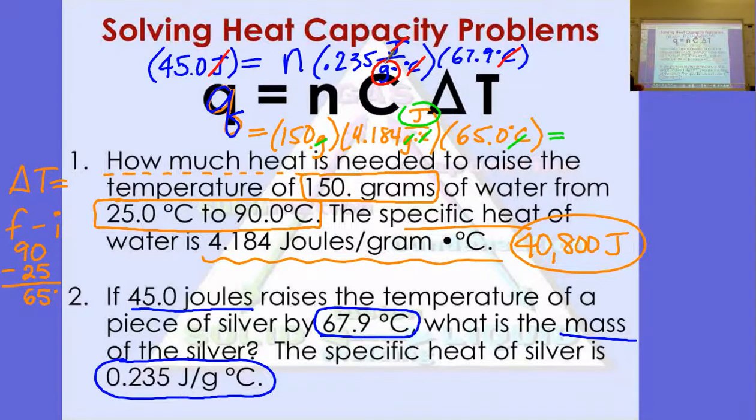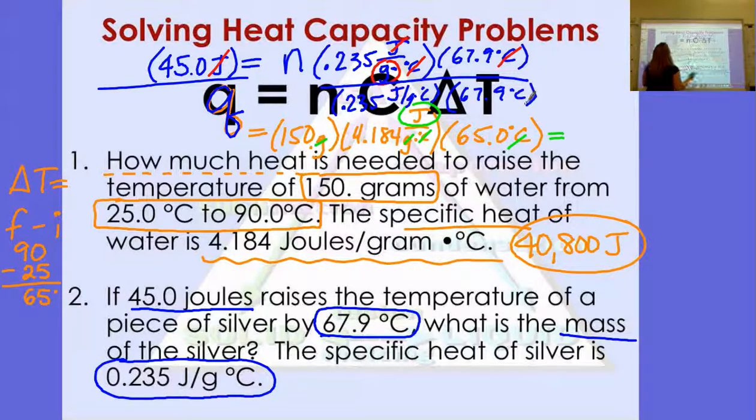Now, how do I get N by itself? In order to isolate N on the right side, I have to divide both sides by 0.235 and 67.9. So 45 joules divided by 0.235 divided by 67.9.